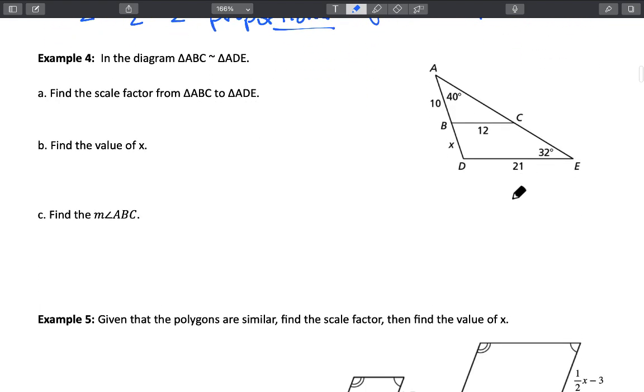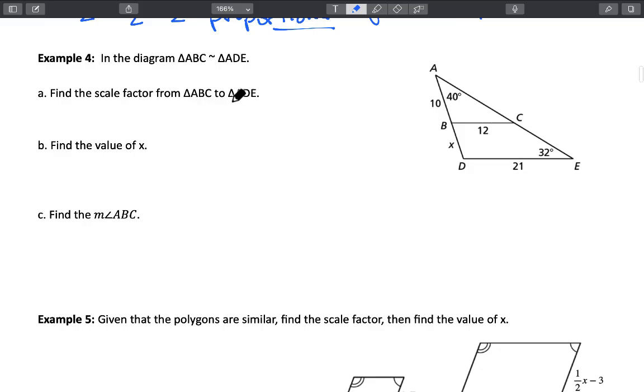All right, let's take a look at example 4 now. We've got diagram triangle ABC is similar to ADE. So ABC, that top triangle here, is similar to ADE, that larger triangle. We want to find the scale factor. So in order to do that, we're going to match up two corresponding side lengths that we know.